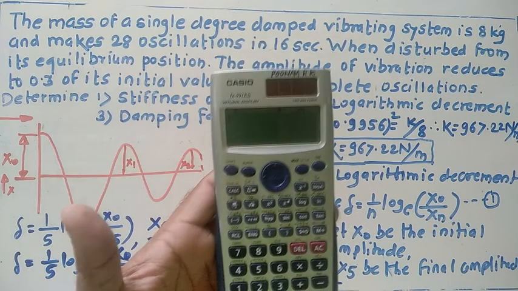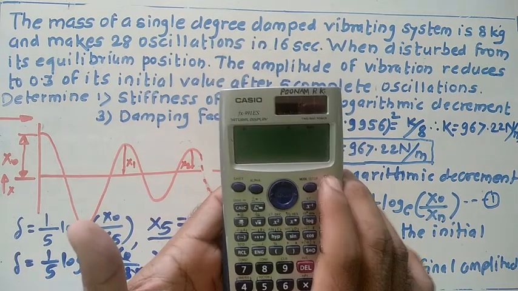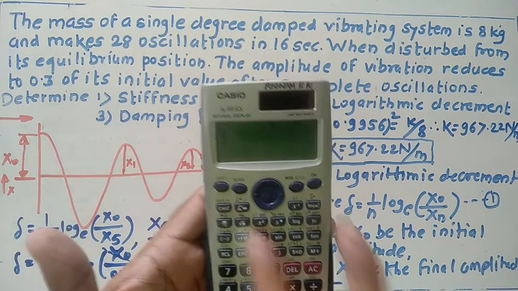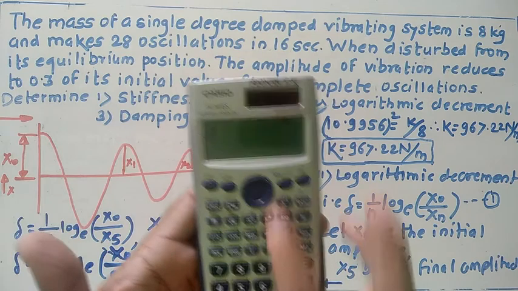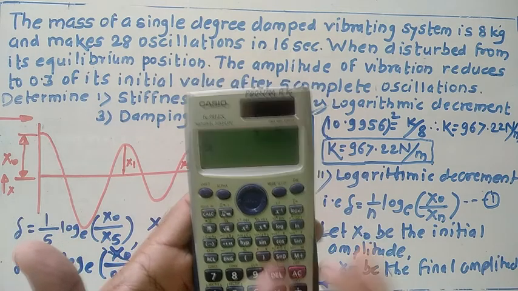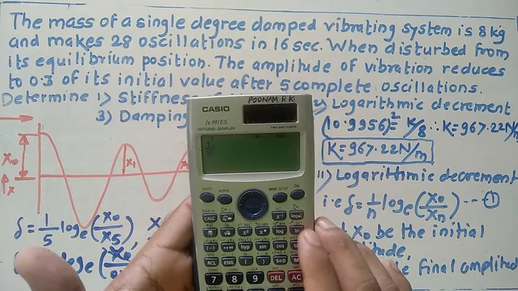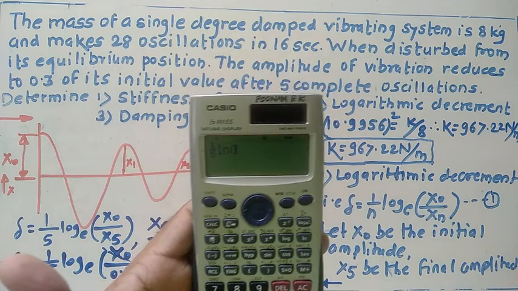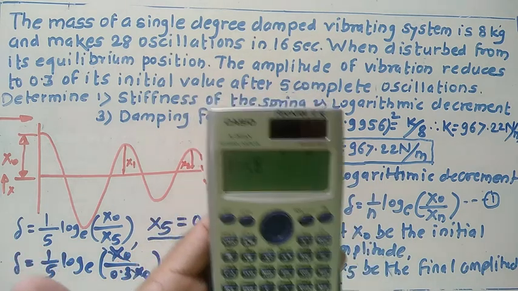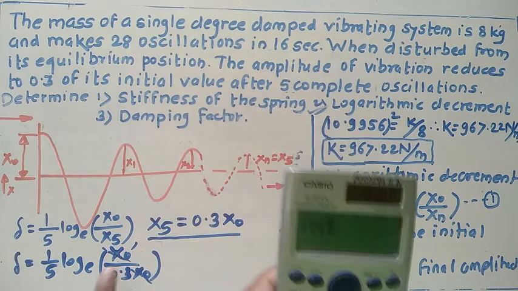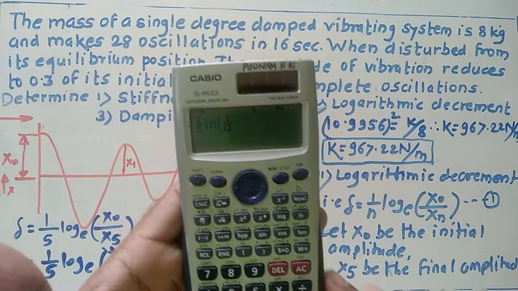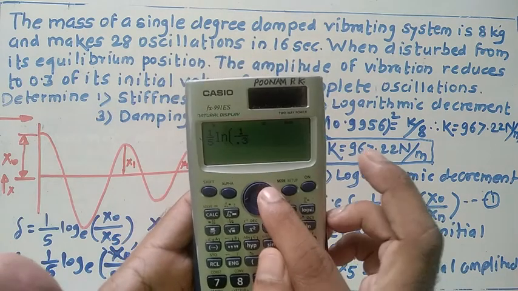In this case we can solve it like this: 1 upon 5, and as the base is given as e, you just have to press this button. Next, x naught gets cancelled, so 1 upon 0.3 remains.